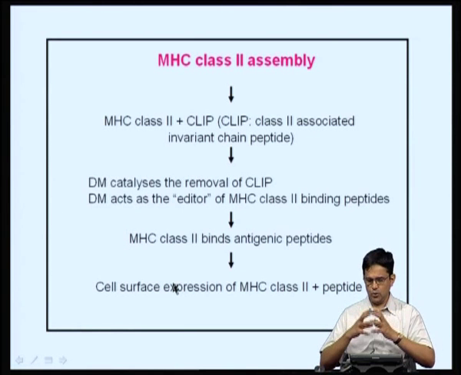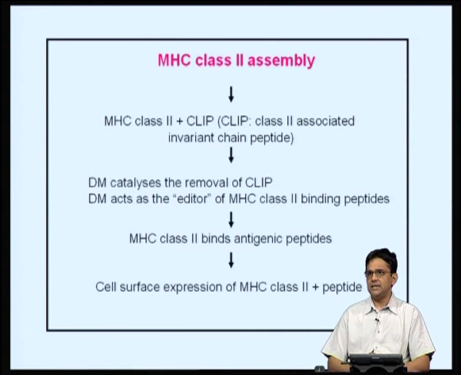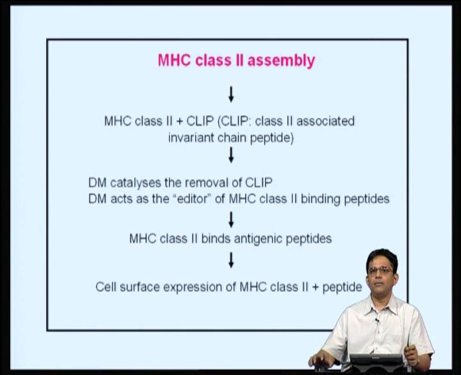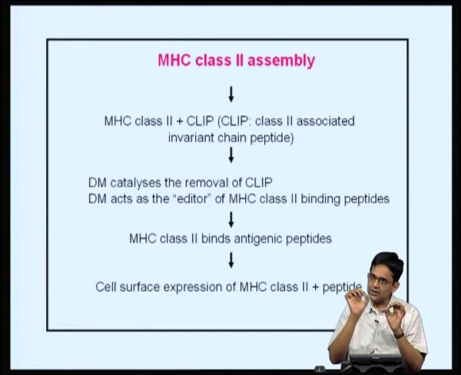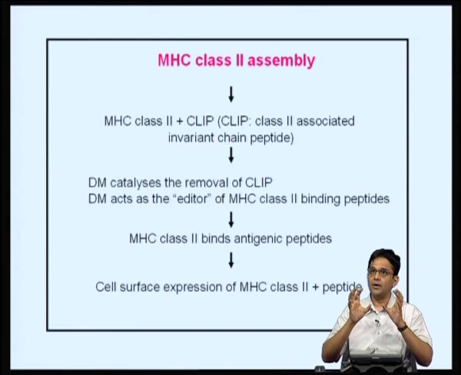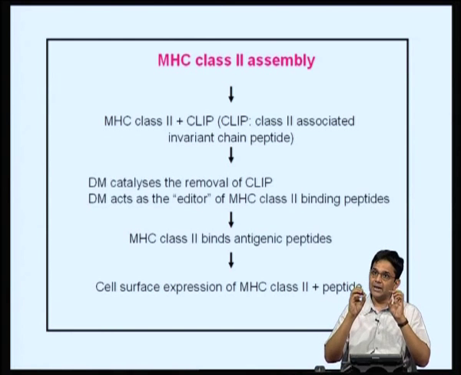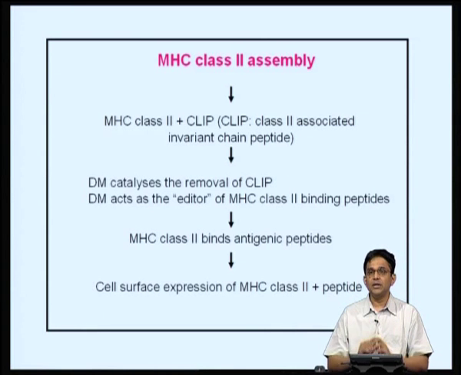Then once you have properly well formed MHC class 2 peptide complexes, they egress and are expressed on the cell surface. Okay. So the way MHC class 1 molecules are formed and the way MHC class 2 molecules are formed are very different, and you should be aware, even in terms of cell biology, that the localizations are very distinct. That is an important aspect and you should think about that.